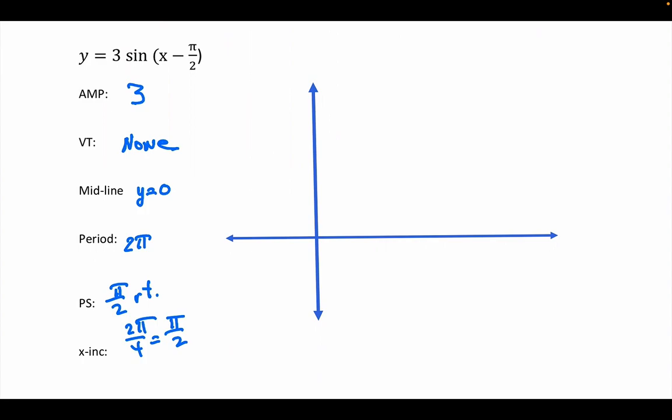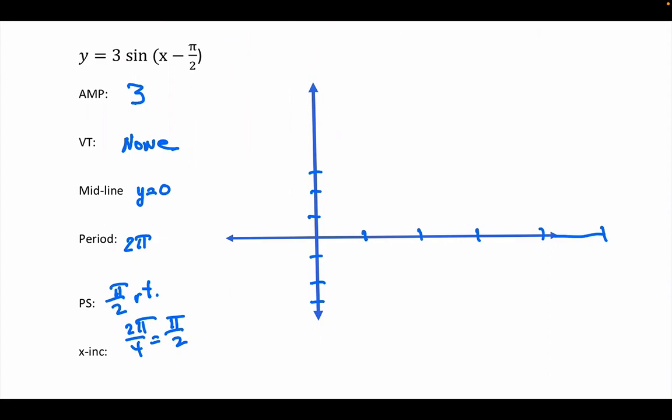All right, since we've got our midline at 0, we need to go up 3. 1, 2, 3. Now let me make those just a little bit bigger. 1, 2, 3, and down 1, 2, 3. I've got my increments here. But I've got a phase shift of pi halves, so I'm going to make probably 5 of these to make sure I can get there.